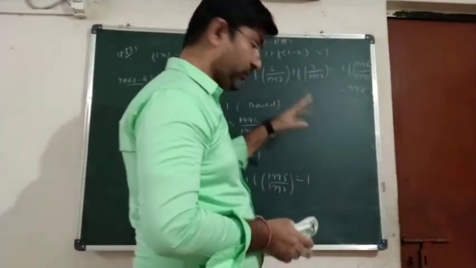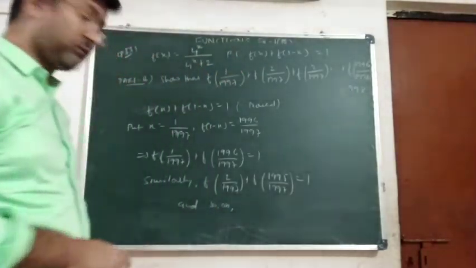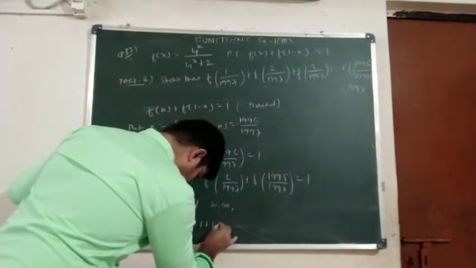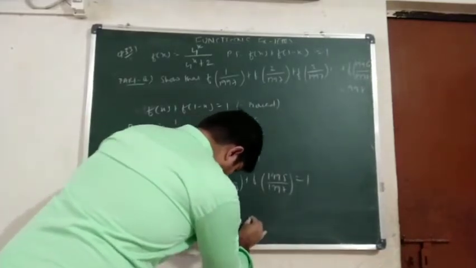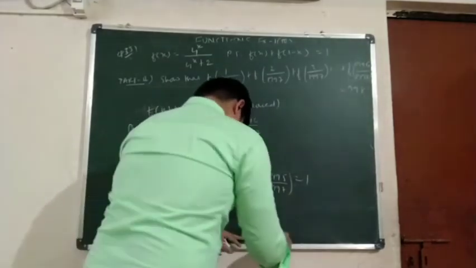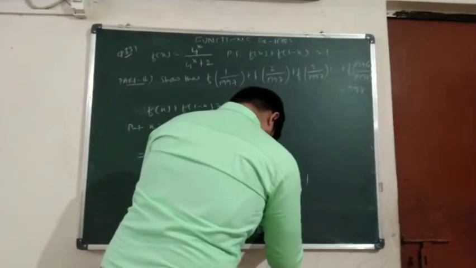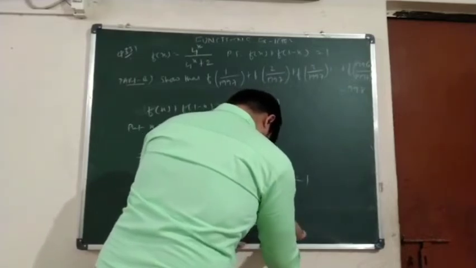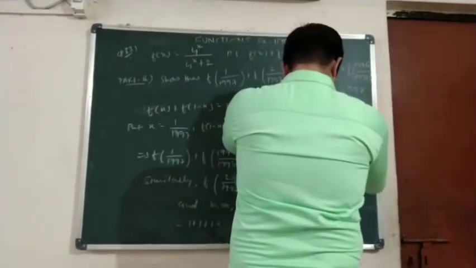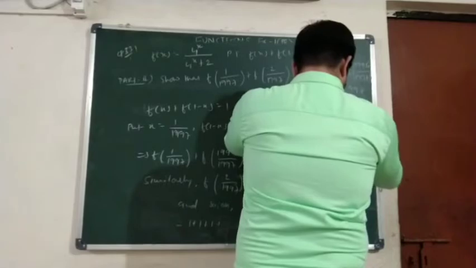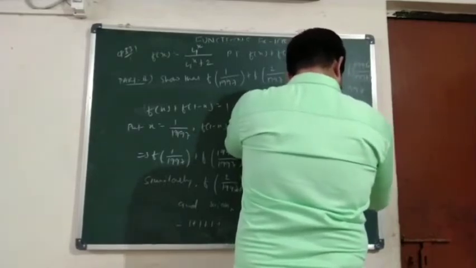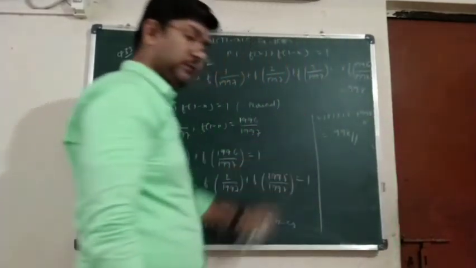So if you take pairs, the total number of terms will be half. Therefore 1 plus 1 plus 1 plus up to the last term will be 1996 by 2, that is 998 times. So 1 plus 1 plus 1 plus, 998 times, is equal to 998. Clear? Write down.